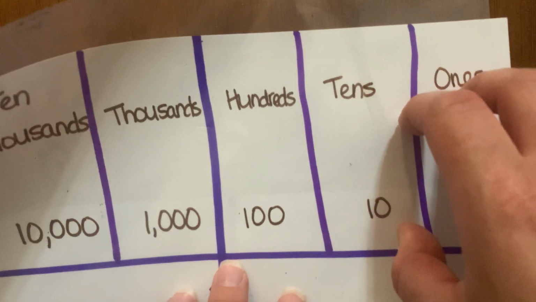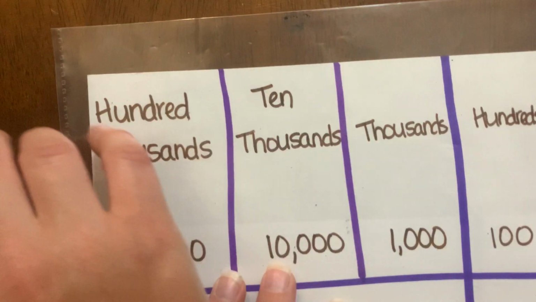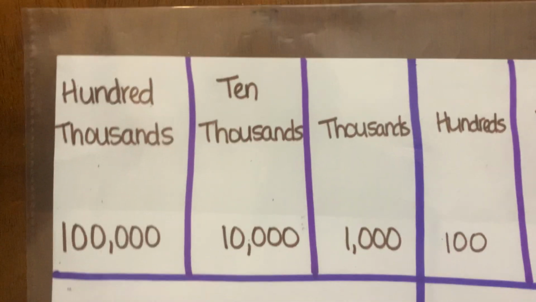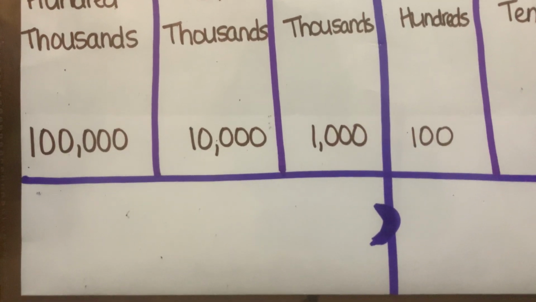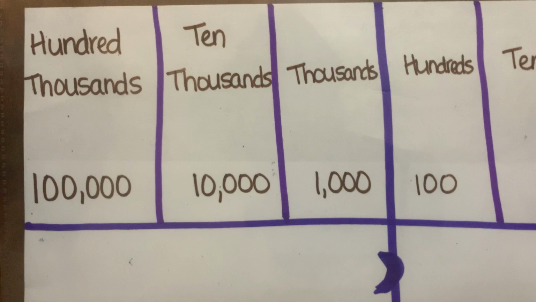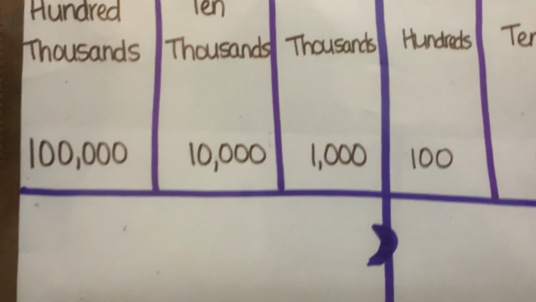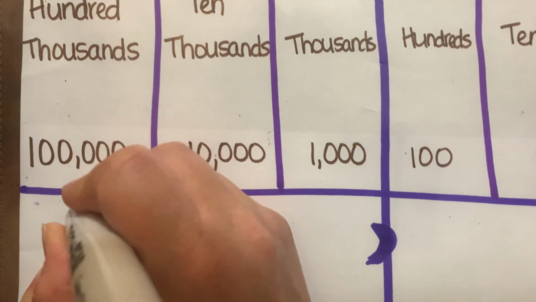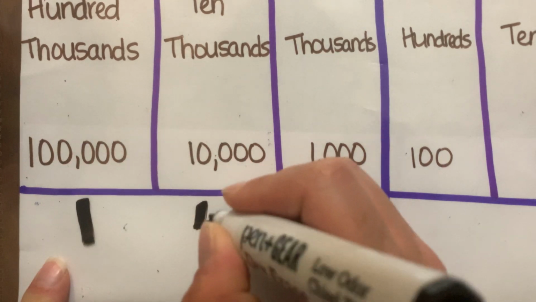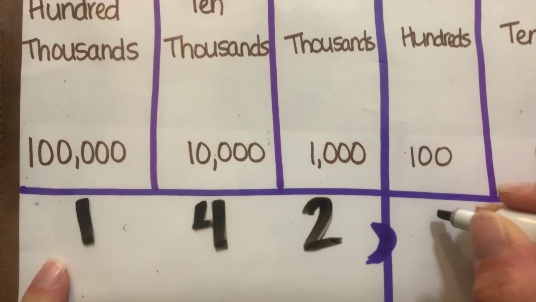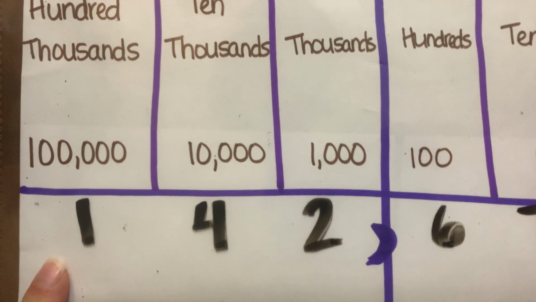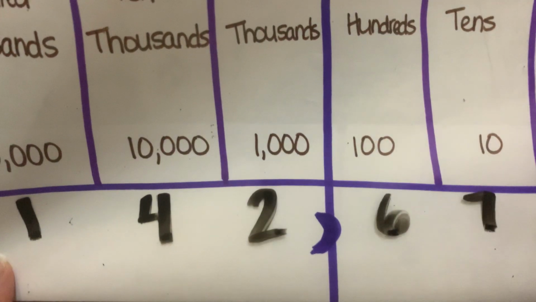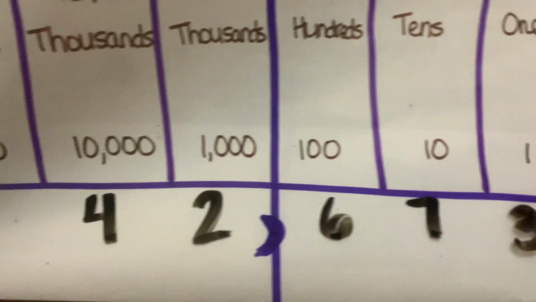And when you get into 4th grade, you might even see some work with the millions period, but not for today. All right, so let's practice reading numbers. Let's say that I have a 1 here, a 4 here, a 2 here, a 6 here, a 7 here, and a 3 there.